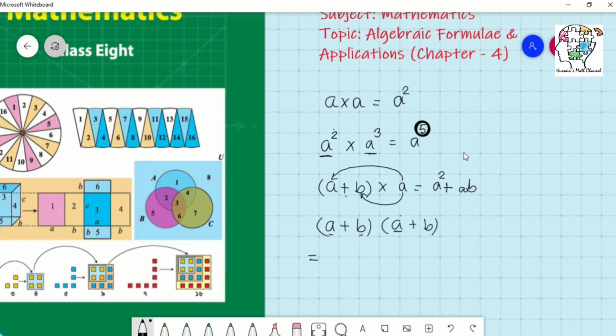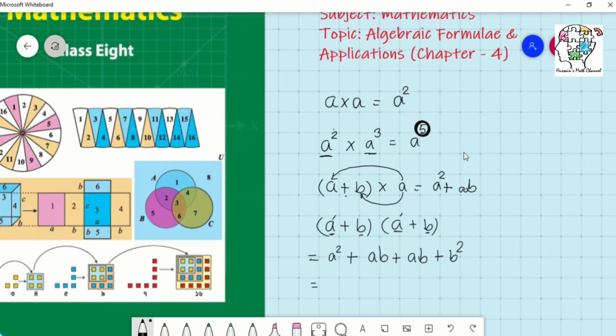That means a times a will be a square. Then in the middle there is a plus symbol, so we write plus. Then a times b will be ab. Again in the middle we write plus, and then we multiply this b with this a, that means ab again, and b times b will be b square.